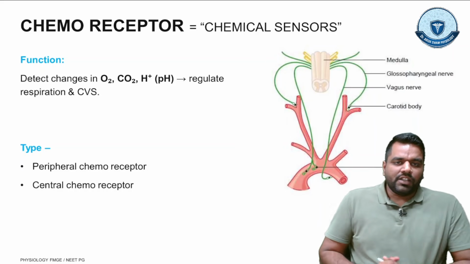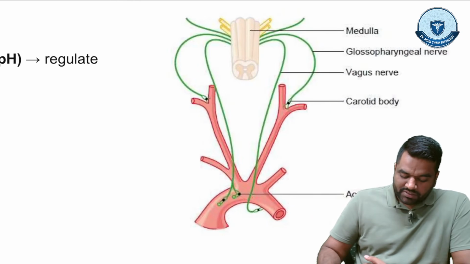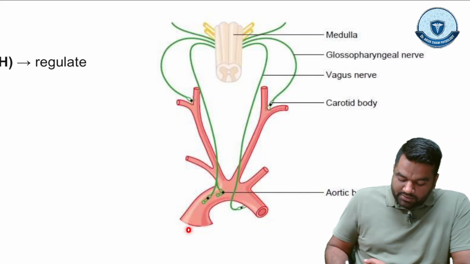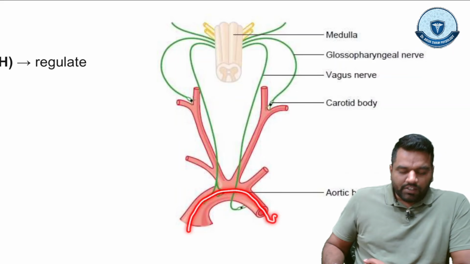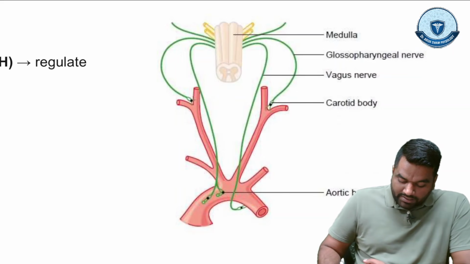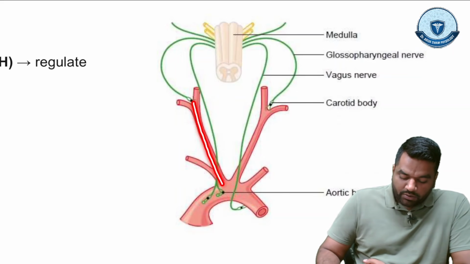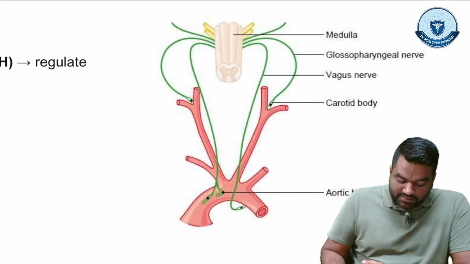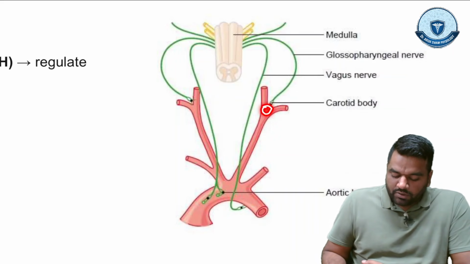You can see here, suppose this is your aorta. A few receptors are present inside this aorta, and this aorta divides and goes into the carotid artery on both sides, right and left. Another sensor is present inside this carotid artery.